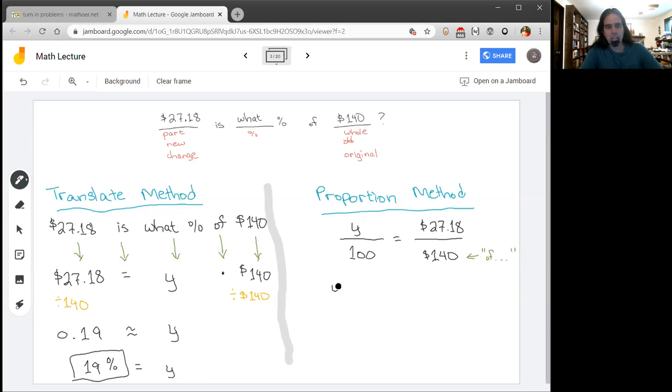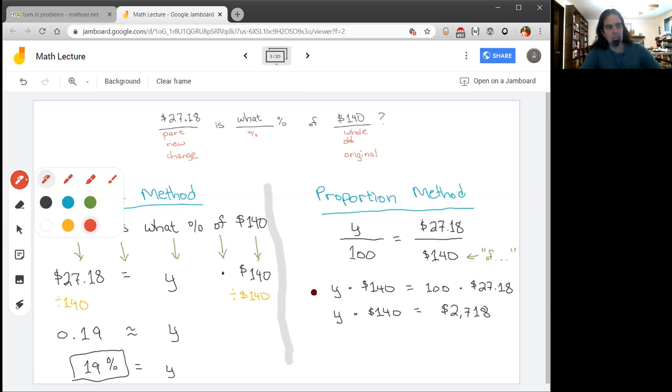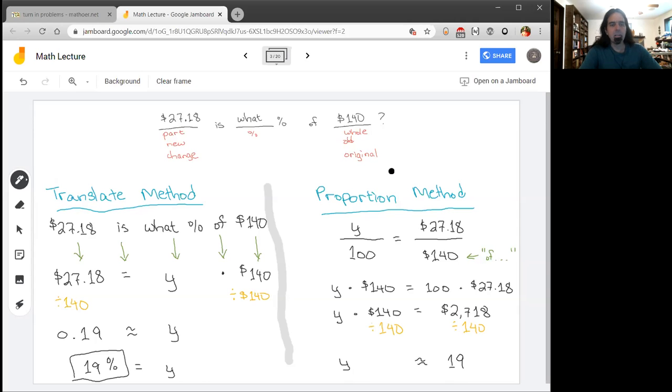Then when we cross multiply, solve for y. Now a different thing happens.